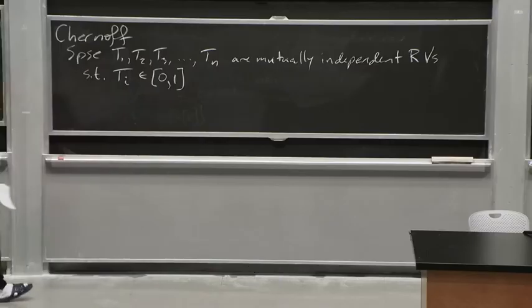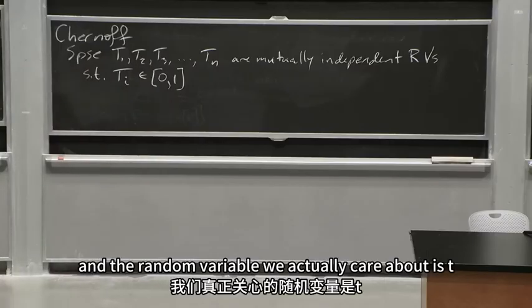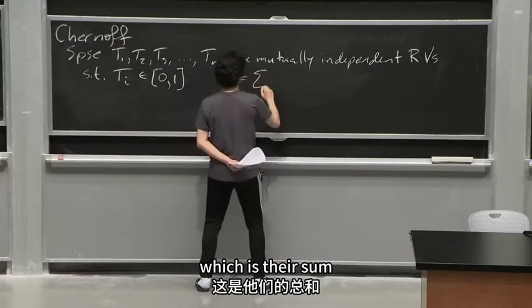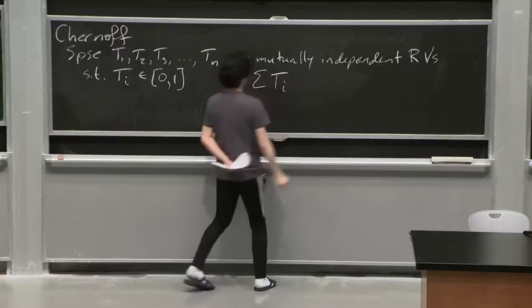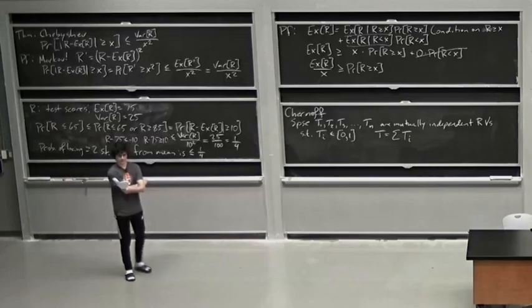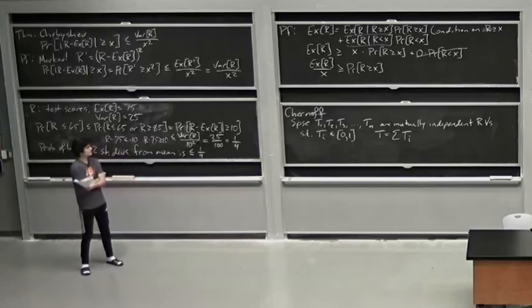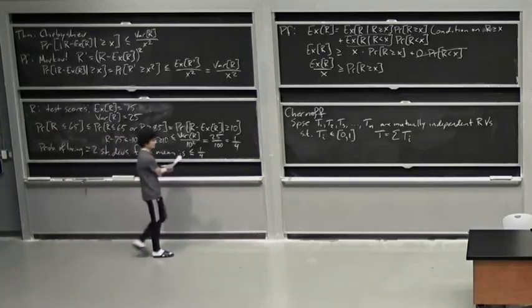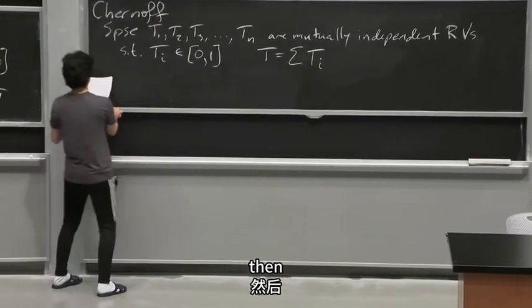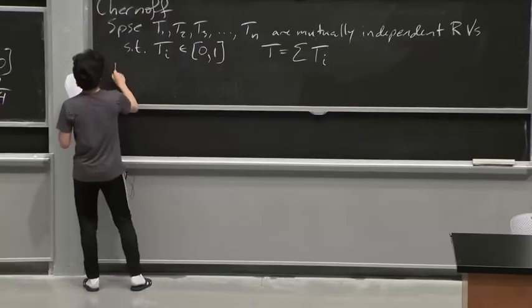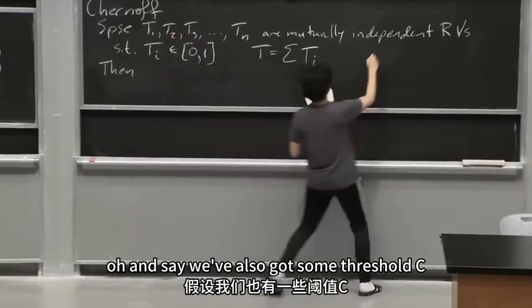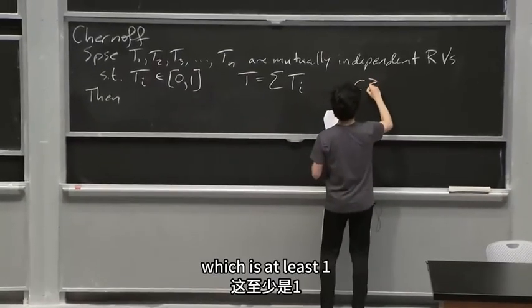And the random variable we actually care about is T, which is their sum. Then, say we've also got some threshold c, which is at least 1.